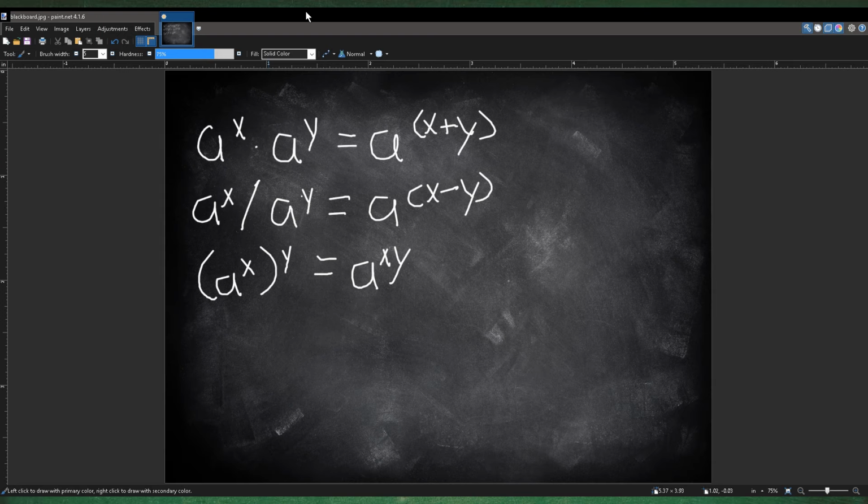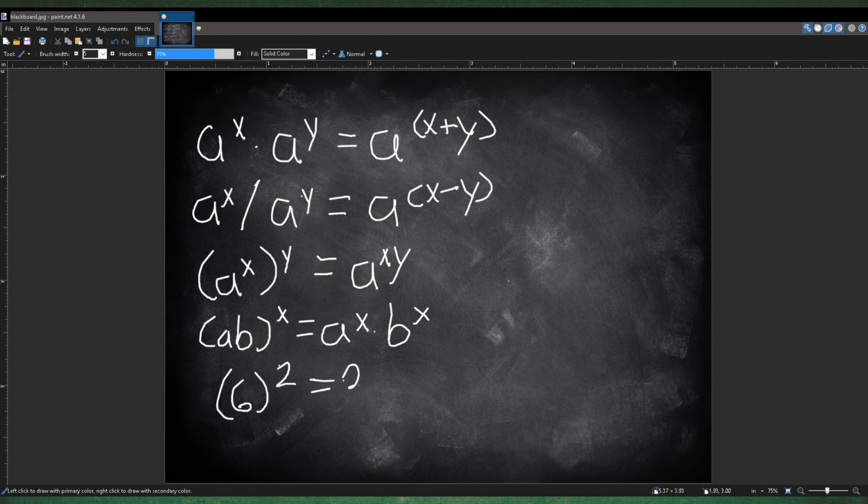And then we have, if we have two bases, like base a times base b raised to a power of x, this is the same thing as a to the power of x times b to the power of x. Because think about it, it's 6 to the power of, say, 2, right?